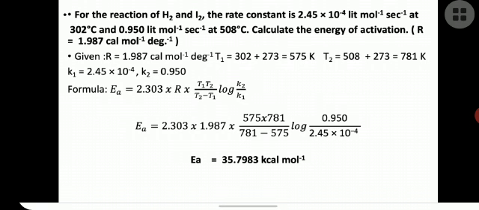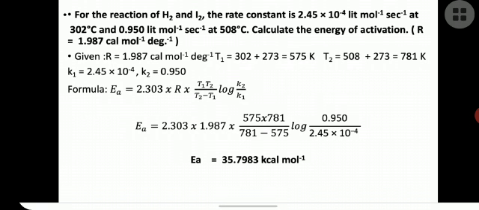Therefore, by substituting the above values in this formula, we get EA is equal to 2.303 into 1.987 into 575 into 781 divided by 781 minus 575 into log of K2 upon K1.